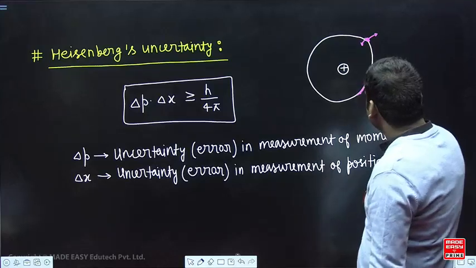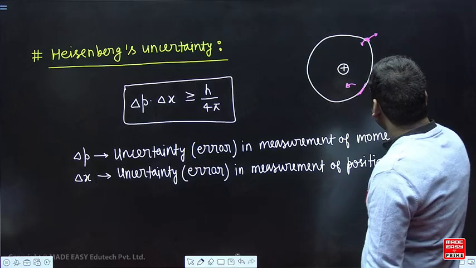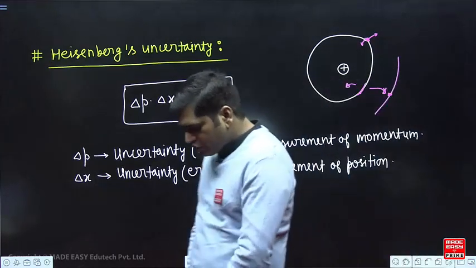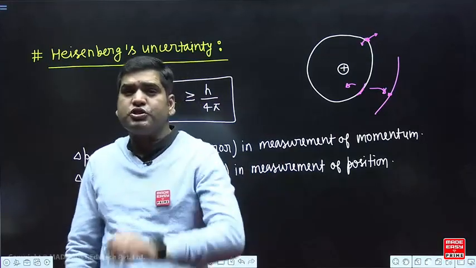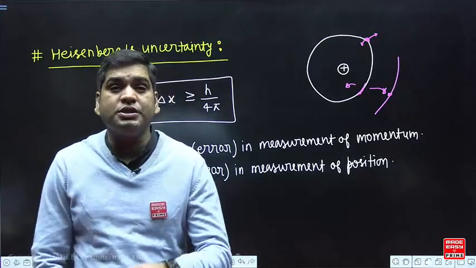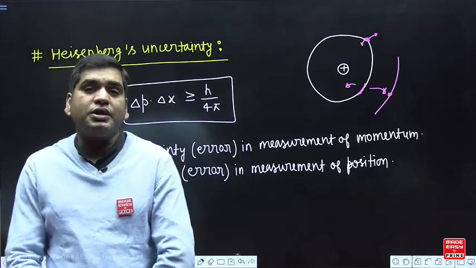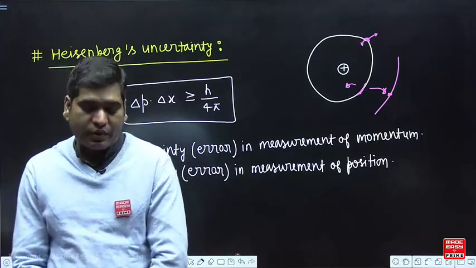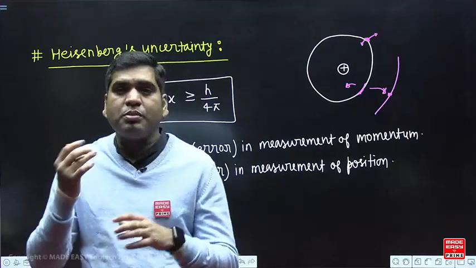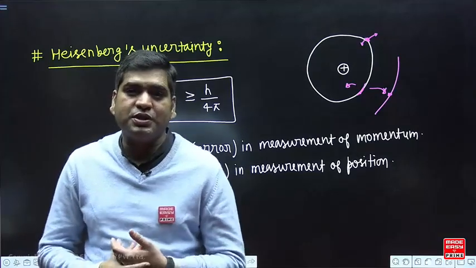Maybe at the orbits probability would be higher, before the orbit it will be lesser, above the orbit lesser, then at the next orbit probability will again become higher. So rather than talking about the fixed position of the electron around the nucleus, let's talk in terms of probability distribution of the electron. Since atom is a spherical body, we need to talk about probability per unit volume, and this is known as probability density function.